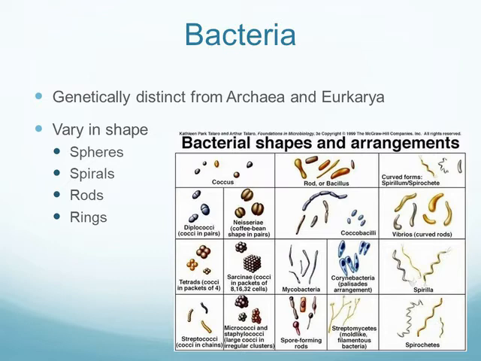Or you can get cocci in chains, which is just the small little round balls all grouped together in one long chain. You can get the round balls within a square shaped or cube shaped. So you can pretty much find all sorts of different shapes and sizes. They can come in rings, rods, spirals, spheres, any shape you want to, really. These are just some examples of them.